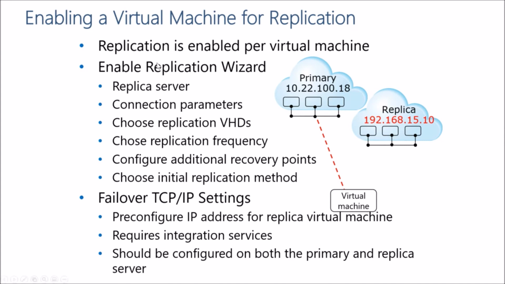Okay, so we enable replicas. To enable replication, there's a wizard, and we specify the replica server, the connection parameters, choose the replication of the VHDs, choose the frequency, add additional recovery points, which are like snapshots really, and then choose the initial replication method.